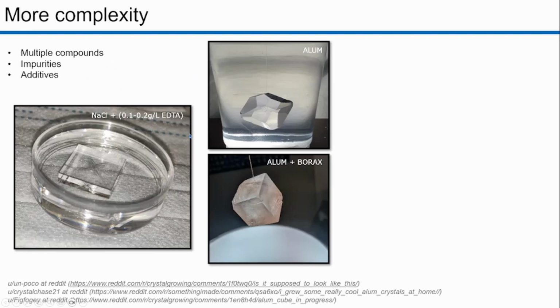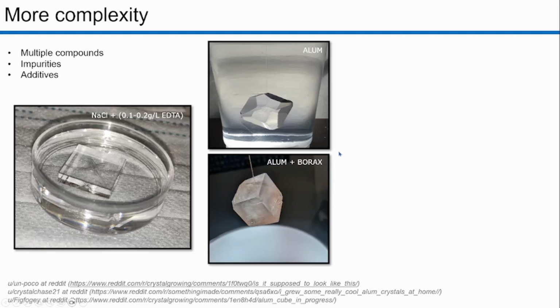In this first image, you can see that a little bit of EDTA was added to the sodium chloride solution to trap some metallic impurities, and that produces a crystal that's very transparent and clear. From the second example, you can see the usual shape of alum, which is this diamond-like shape, but if borax is added to the solution, then alum tends to crystallize in a cubic shape, which is quite interesting.